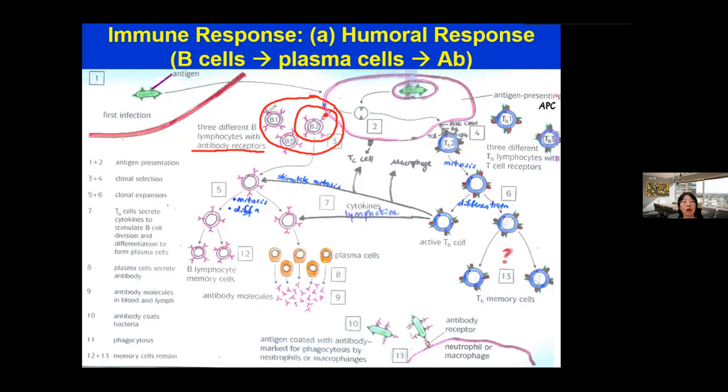Among all these 3 clones of B cells that are different, they are different because their antibody receptors have different shapes. Only B2 can bind. So therefore, only B2 is being selected. Okay, with that information, you will be able to answer this question here.